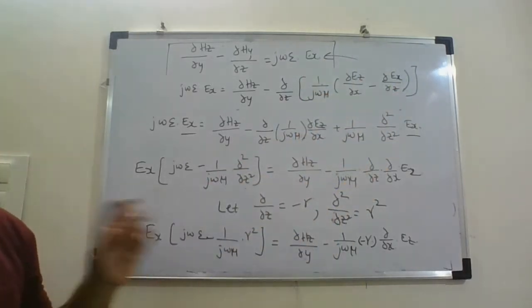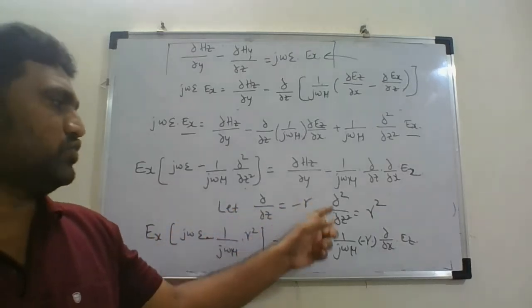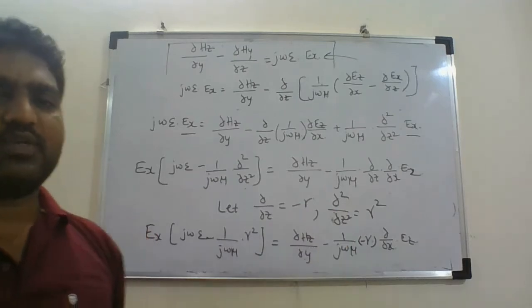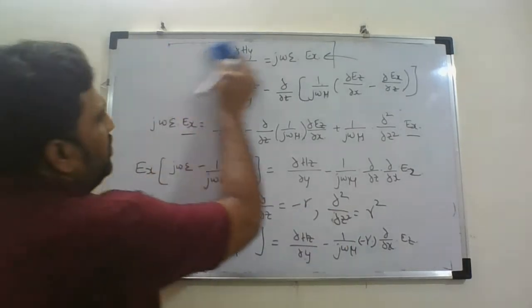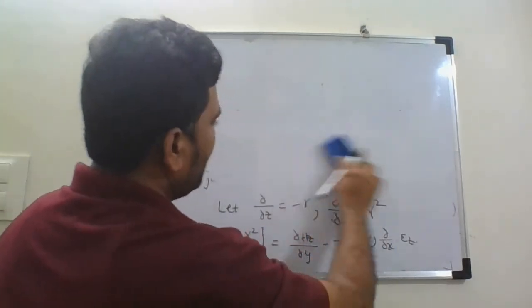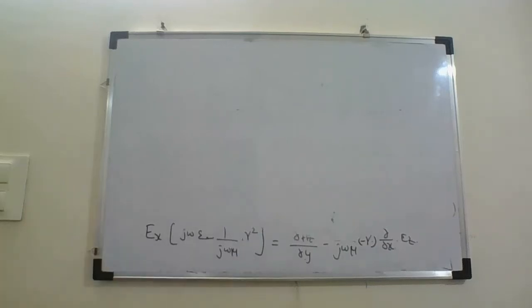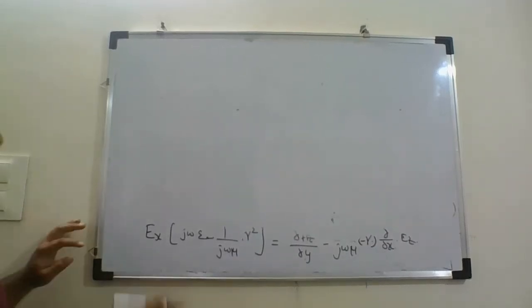After that, I assume that dou by dou z is equal to minus gamma and dou square by dou z square is equal to gamma square. So this is the equation that I got. Let me write up everything. This is the expression that we have got as of now.